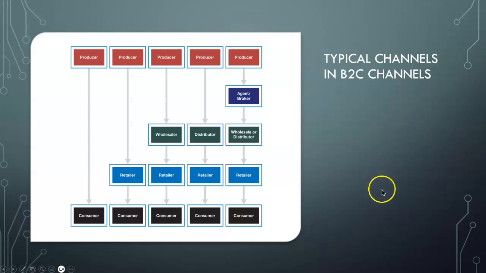So these are the typical channels in B2C, and you know what B2C channels are. If you want to get 2 points of extra credit, you can explain to me what B2C means. You should know that. So there's the direct producer to consumer. Then these are all indirect. The producer to the retailer to the consumer, producer to the warehouse to the retailer to the consumer.